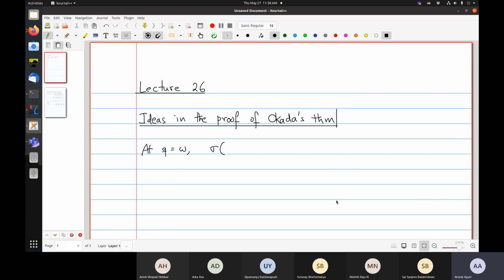So that's what we want. So let's say we want sigma of qt, sigma of q t bar. Okay, what is this? So let's just evaluate this. So this is qt minus q bar t bar times qt bar minus q bar t.